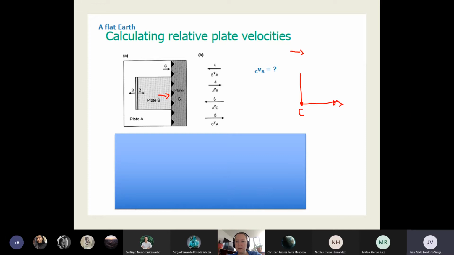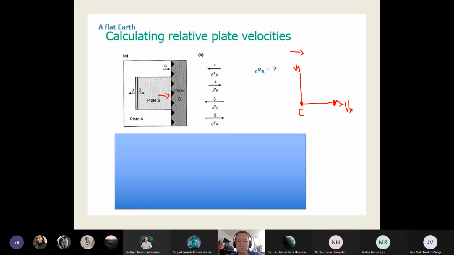Okay, so if this is a velocity diagram, this is velocity in the Y direction, and this is velocity in the X direction. Instead of plotting positions, I'm going to plot velocities.